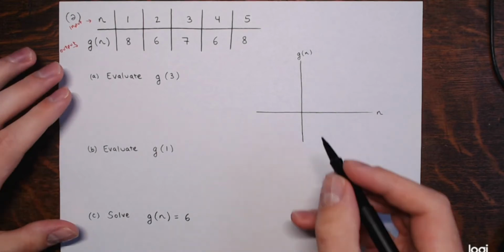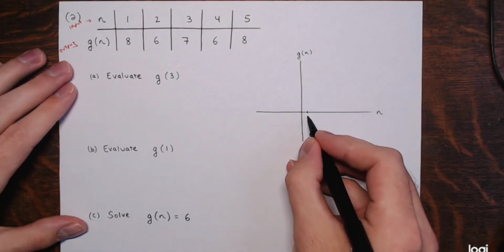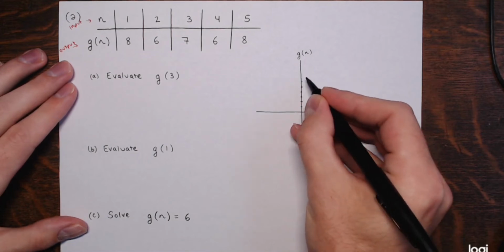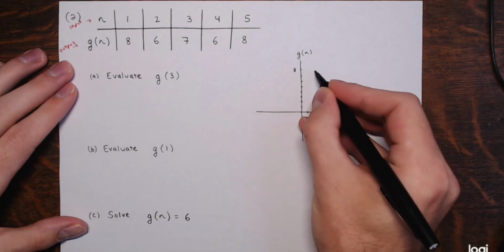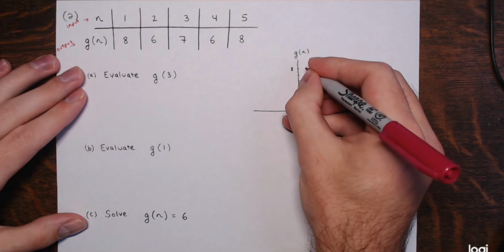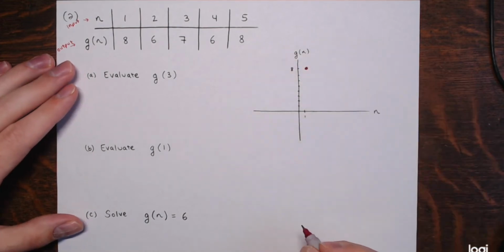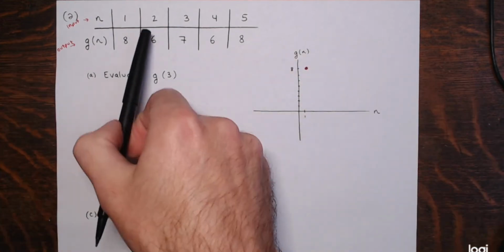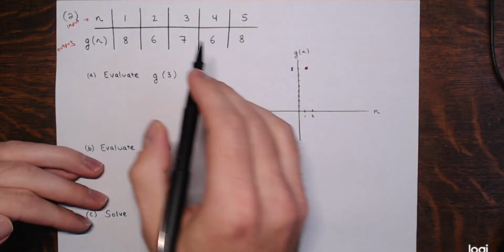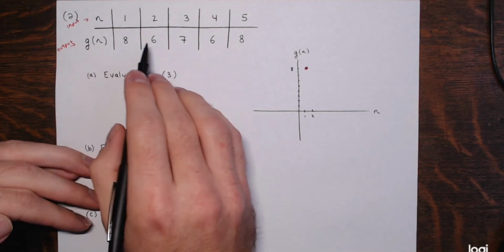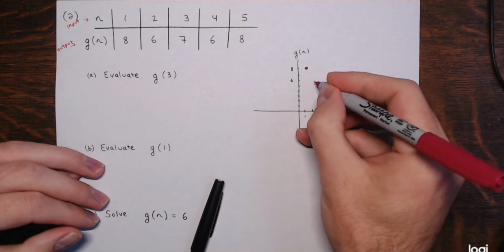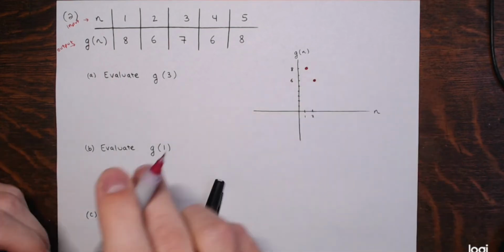All right, so I've got input 1, output 8. There's the ordered pair 1, 8. And n is 2, g of n is 6, so g of 2 would be 6. The ordered pair 2, 6 would be on the graph of this function.